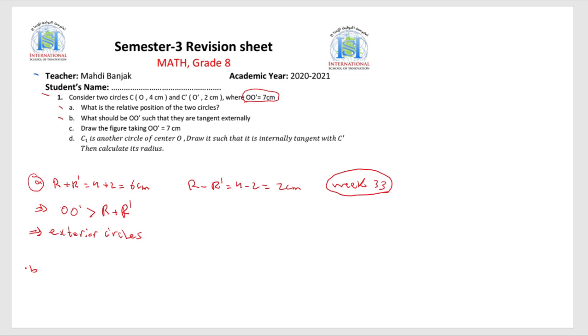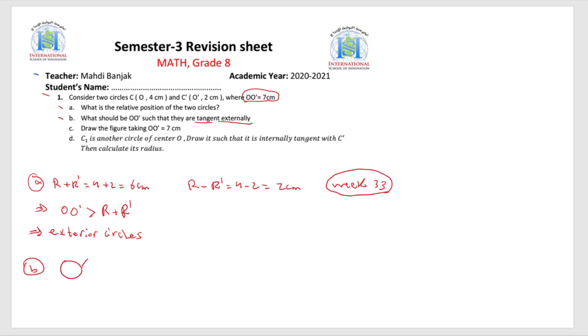In part B, he asks what OO prime should be such that they are tangent externally. Tangent externally means they must touch each other like this, in one point only.